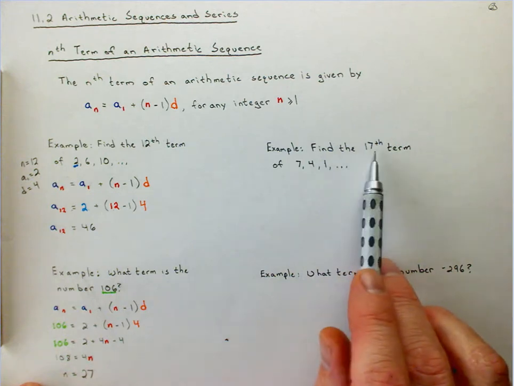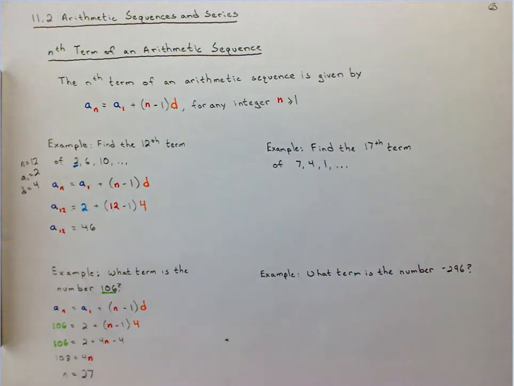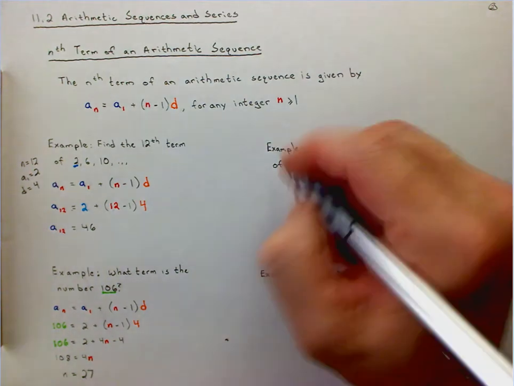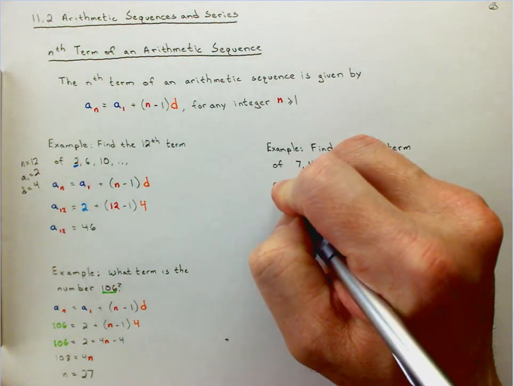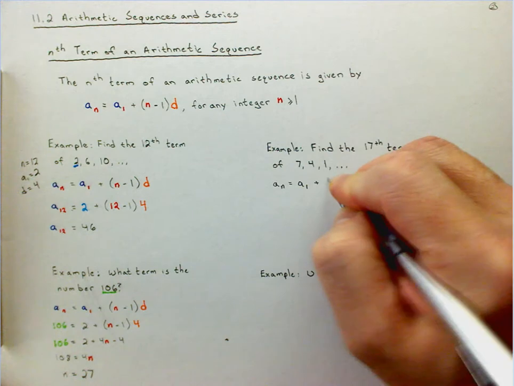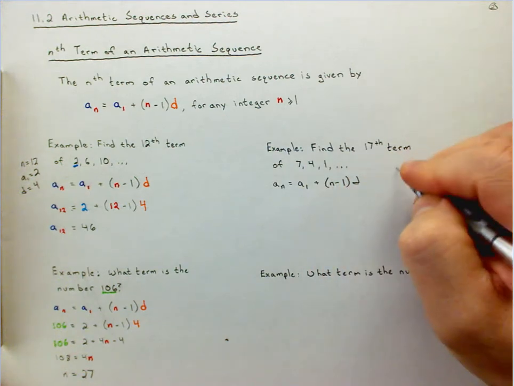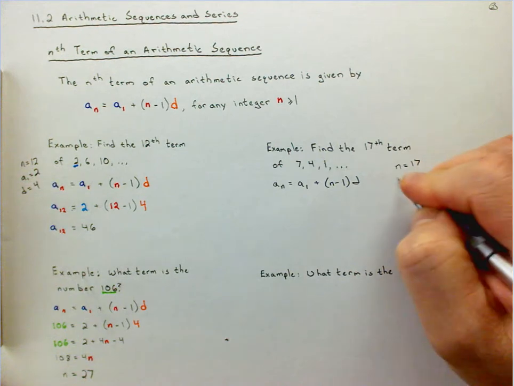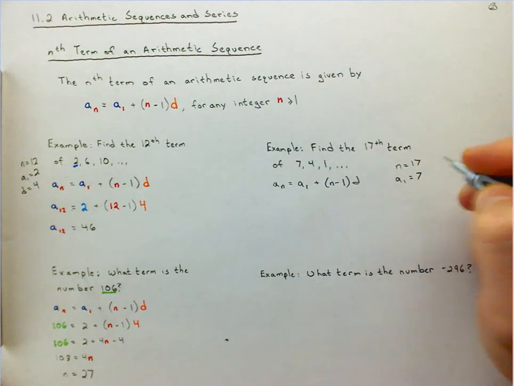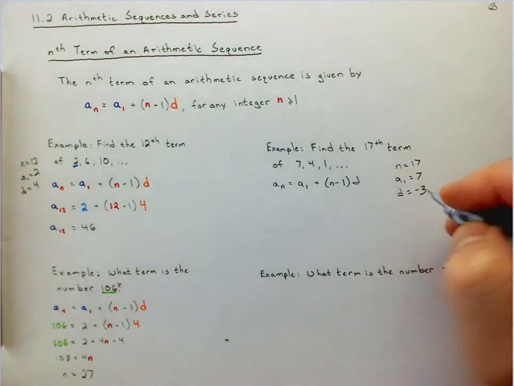17th term. Identify your n, your a sub 1, and your d. Alright, so my formula is a sub n equals a sub 1 plus, and inside my parentheses, n minus 1 times d. So n equals 17, a sub 1 equals 7, and my common difference, d, is a negative 3.